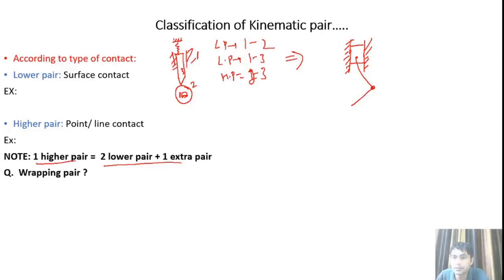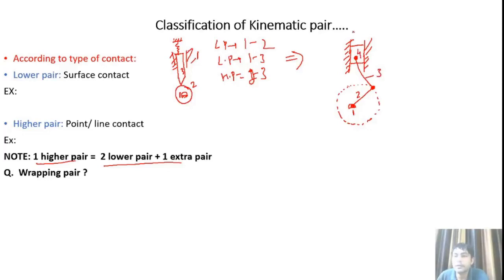This is one turning pair, and this is the second turning pair. And here it is hinged, and this is the crank, completing rotations. Now this is link 1, link 2, link 3 and link 4.